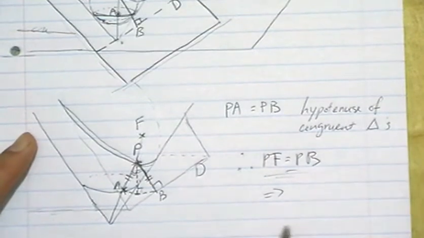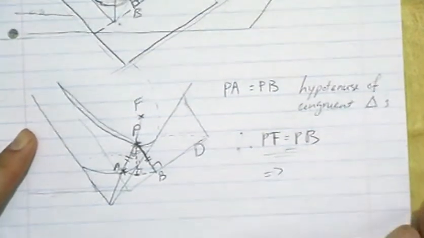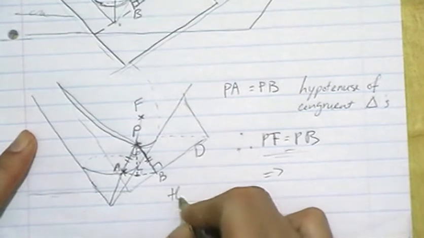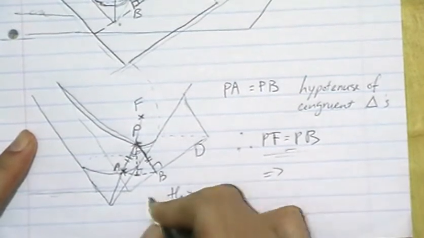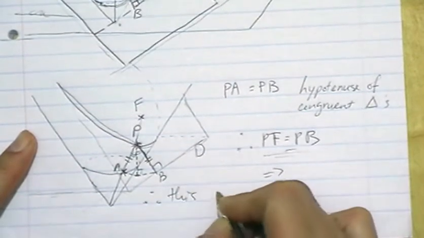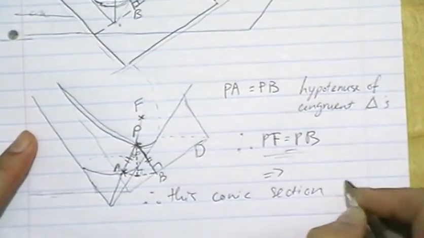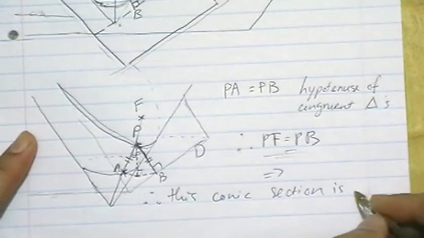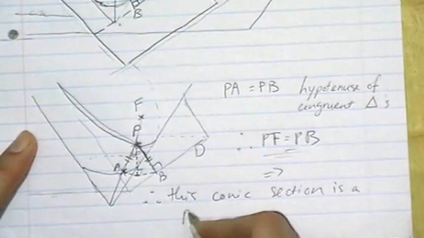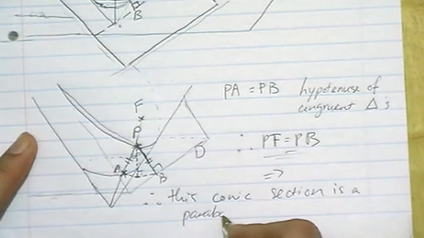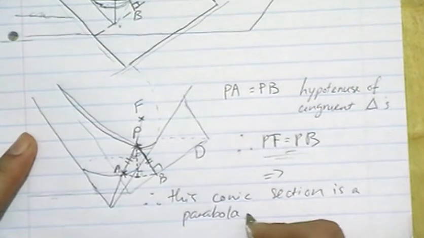This means that therefore this conic section is a parabola.